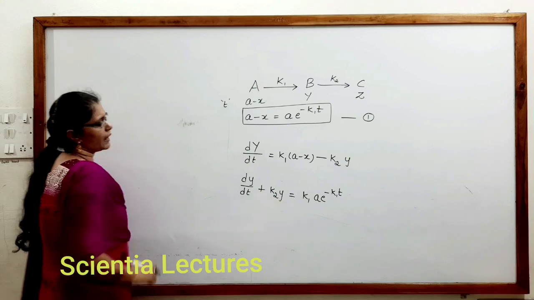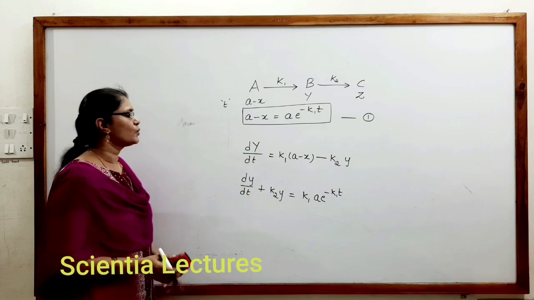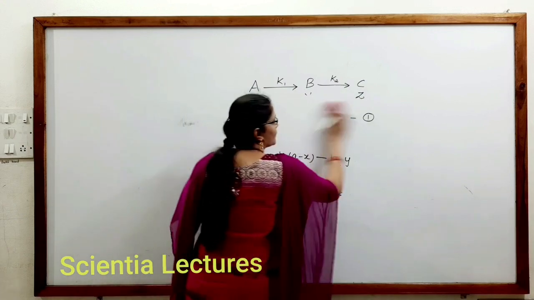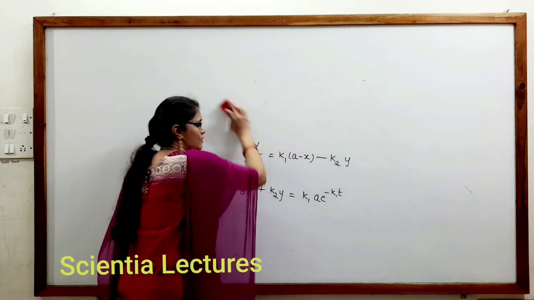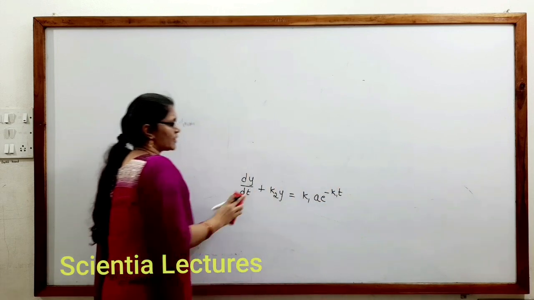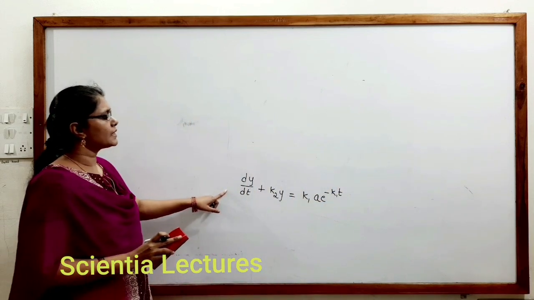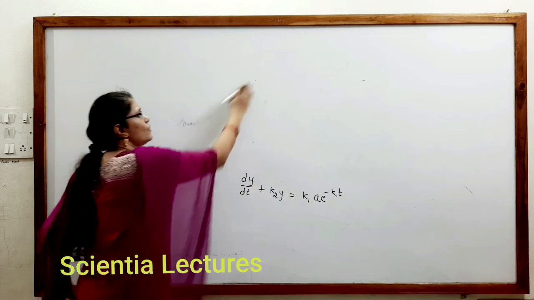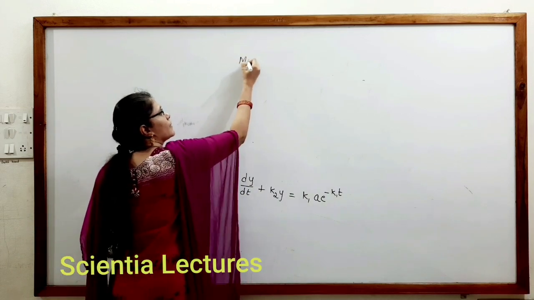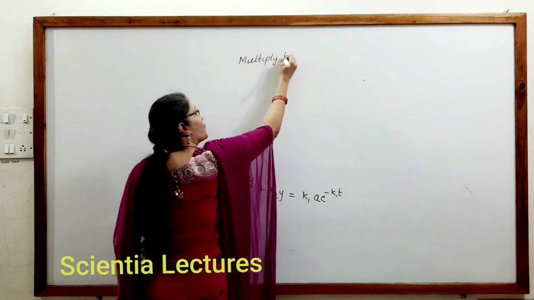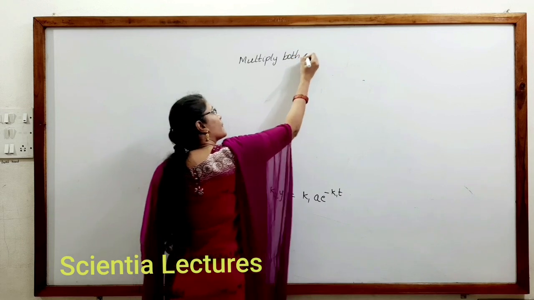Now multiply both sides by e power K2t. First note down up to this completely, and then check that we are going to multiply this equation by e power K2t on both sides.